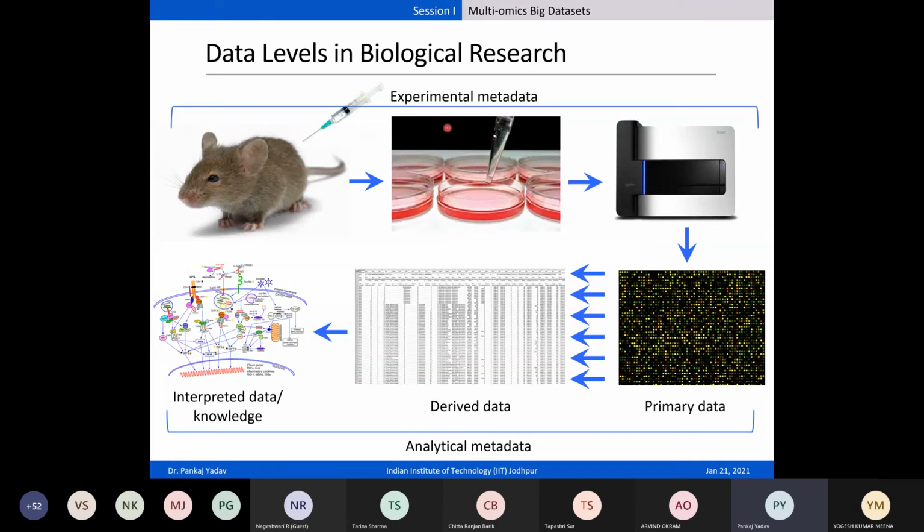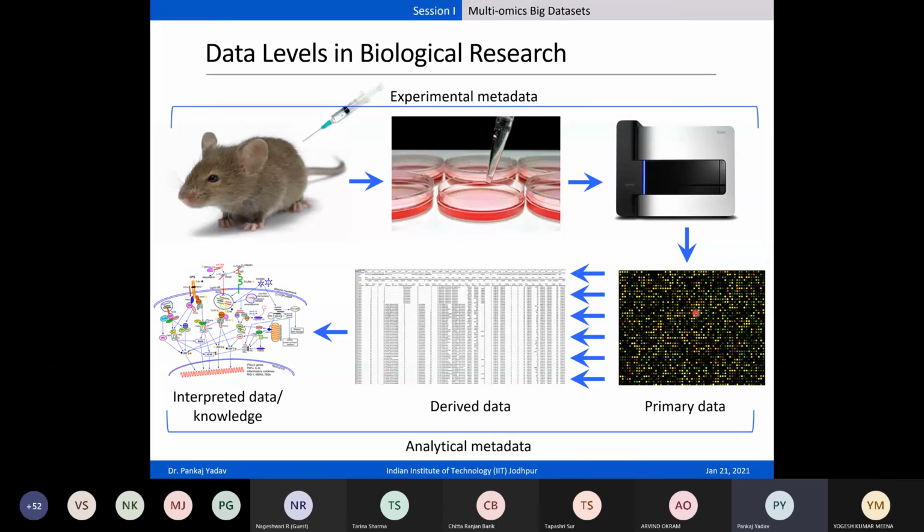From here to here, mainly the biologists who work in the wet lab are involved, and from now onwards mainly the bioinformaticians start working. They can analyze, sequence, or produce this kind of imaging data with the help of these machines. After this, the work of bioinformatics is also there, but mainly now computational skills are required.